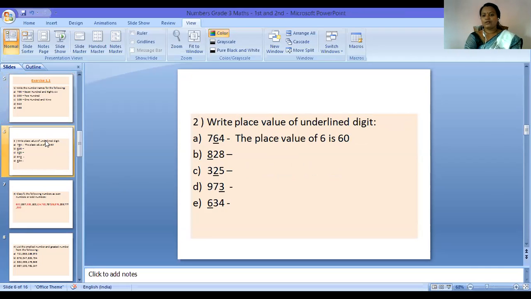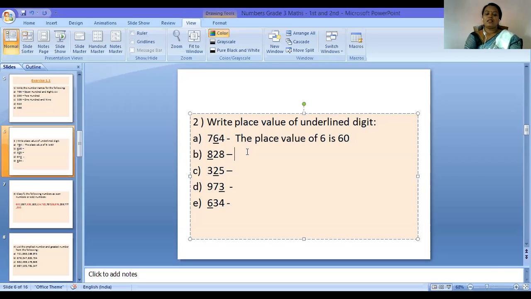Let us move on to the next slide. That is, what is the place value of the underlined digit? You can see here in 764, 6 is underlined, and this is in the tens place. So the place value of this comes as 60. Similarly, the place value of 8: here we can see two 8s are present.